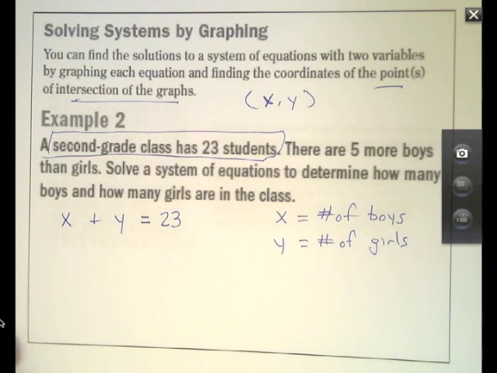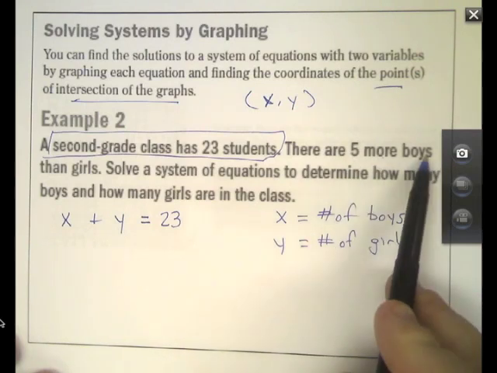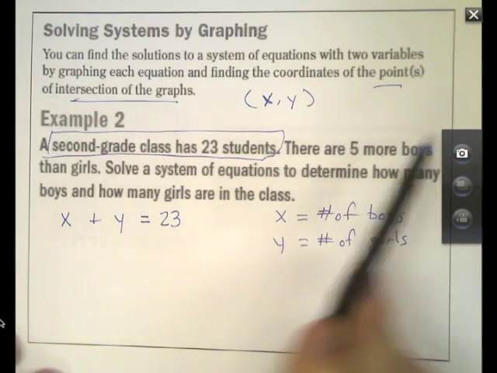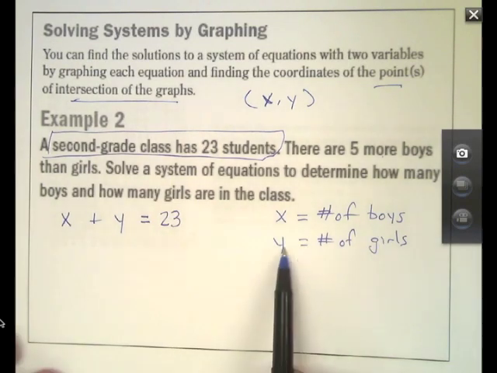Now, the other key piece of information. There are 5 more boys than girls. Girls is my y.